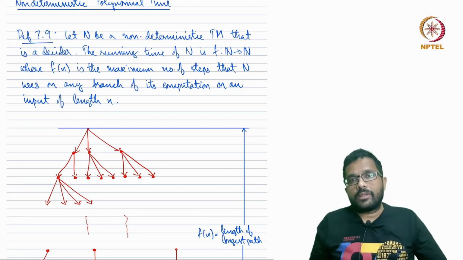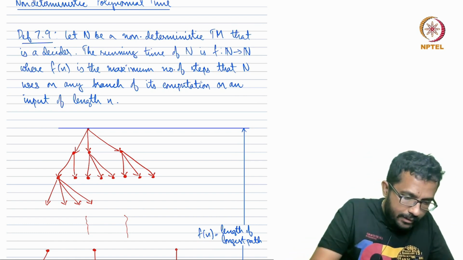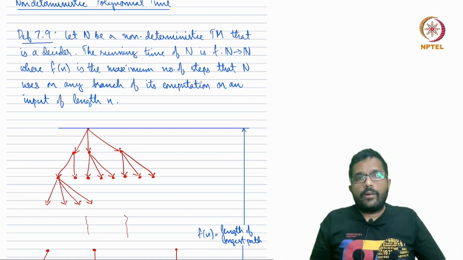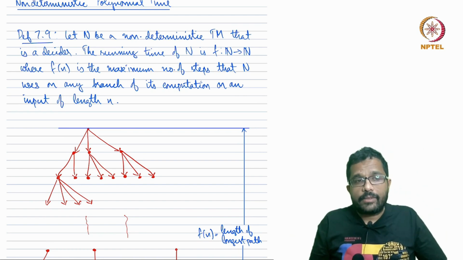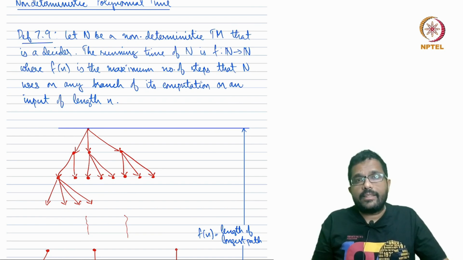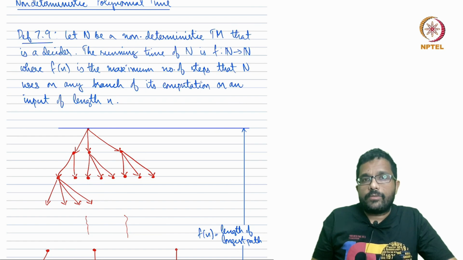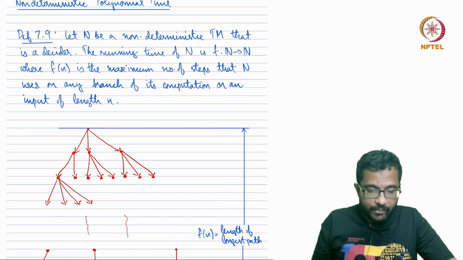The running time or the time complexity was given as a function f(n), based on the length of the input. So f(n), the running time, is defined as the maximum number of steps it takes on any input of the same length n.